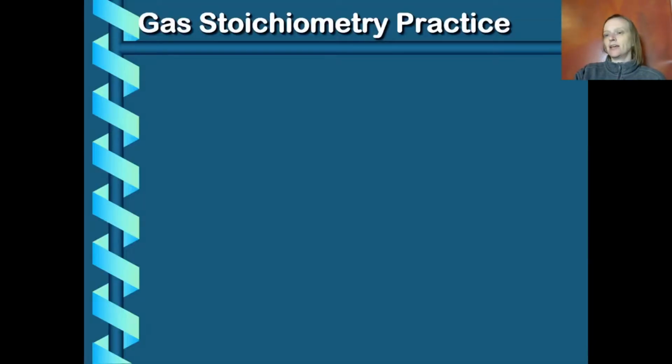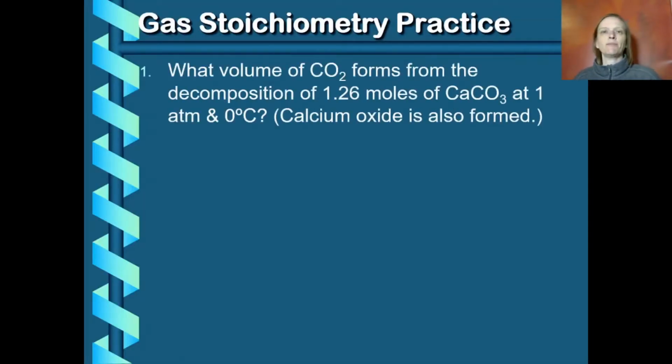So let's look at a problem. What volume of carbon dioxide forms from the decomposition of 1.26 moles of calcium carbonate at 1 atmosphere of pressure and 0 degrees Celsius? Firstly, you need to recognize that as being standard temperature and pressure.